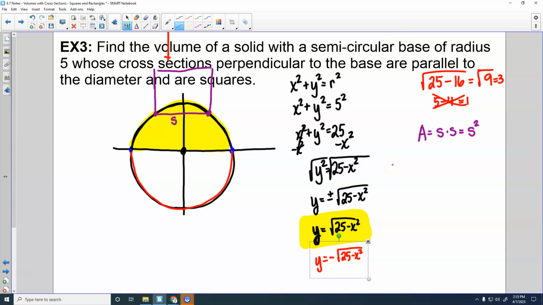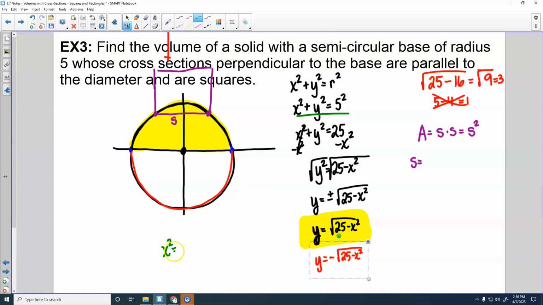Because S is horizontal for me here, I need to do right minus left for my S, but it's the same function, right? So I can't subtract itself, that'd just give me 0. Where this S crosses the y-axis, it's perpendicular to the y-axis, so I actually have to do this in terms of y. I've got myself all mixed up by doing it this way, but it's really not that bad, because this equation, x squared plus y squared equals 5 squared, if I solve it for x instead, I would subtract the y squared.